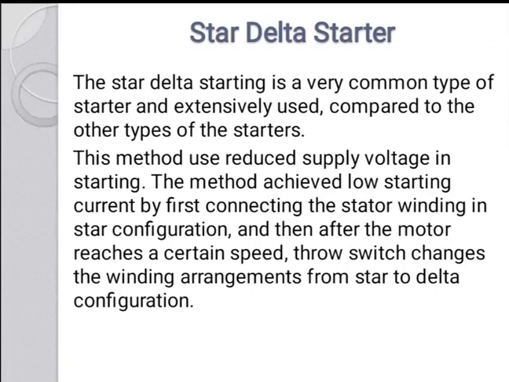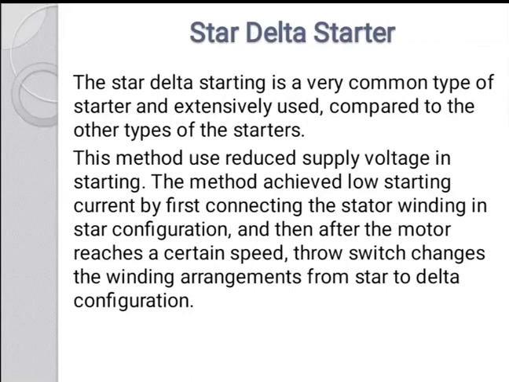This method uses a reduced supply voltage in the starting. The method achieves low starting current by first connecting the stator winding in star configuration. After the motor reaches a certain speed, the switch changes the winding arrangement from star to delta. Once again, I repeat this.